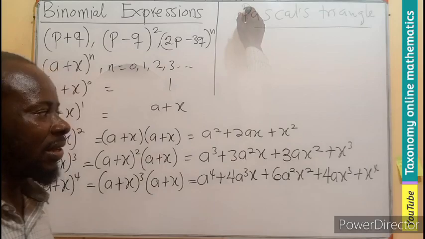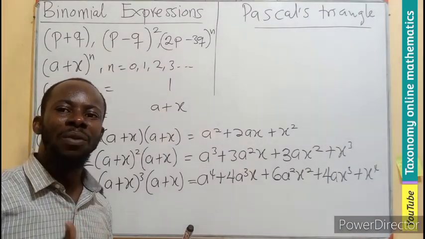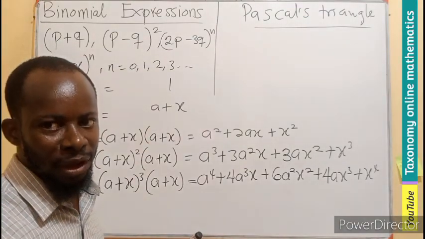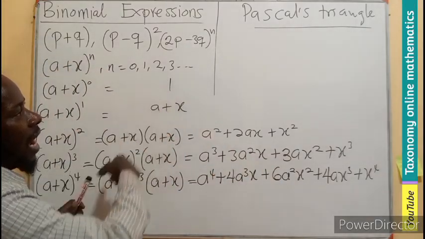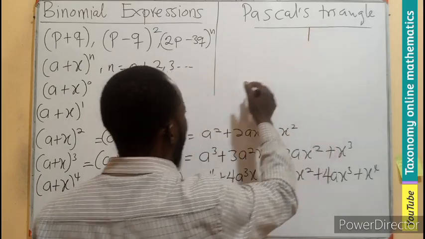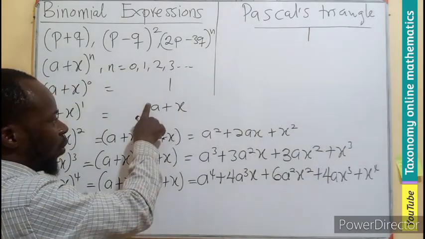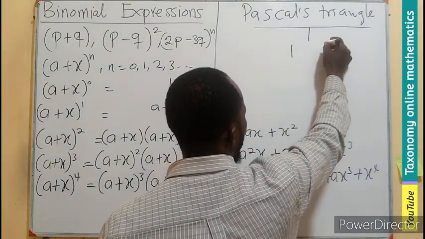How do we get the Pascal triangle? We are going to be dealing with the coefficient of all the terms. You can see the first one has given us only 1. Then the coefficient here is going to be 1. So we have 1, 1.